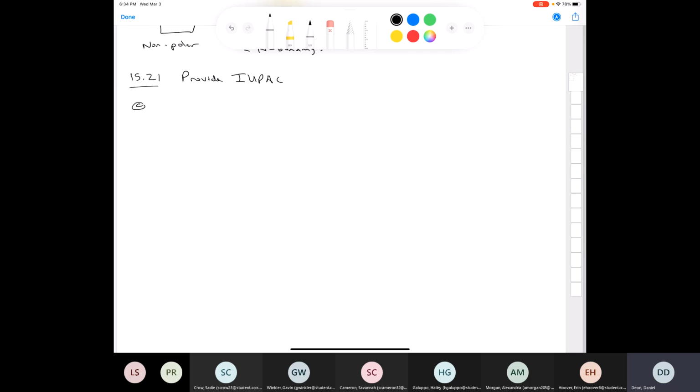I'm going to draw the bond line structure. In the book, they have them drawn as condensed structural formulas, but I'm just going to draw them as bond line structures. It's just simpler. We'll try these first three.